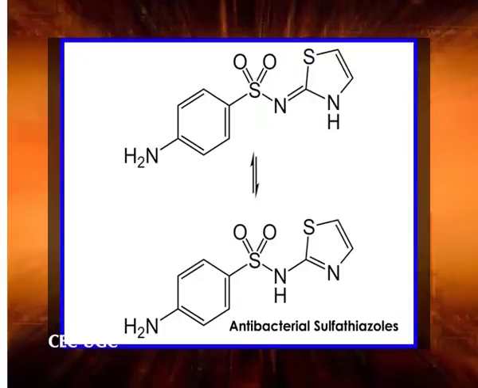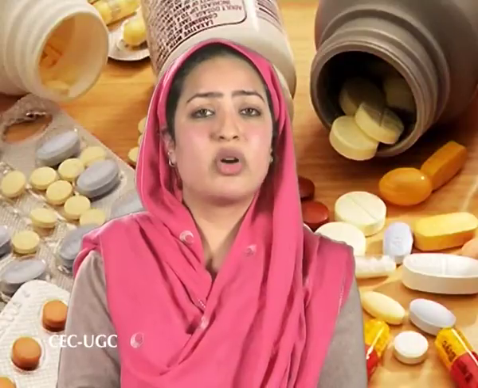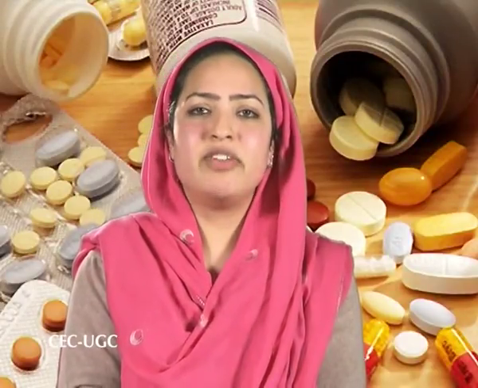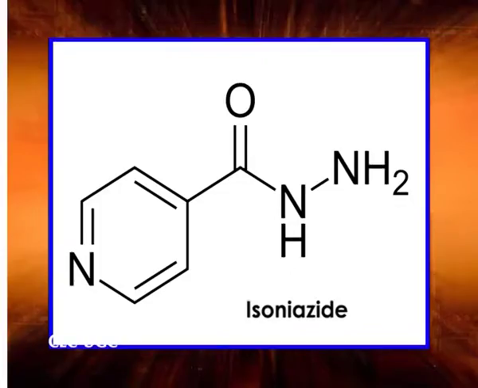They were initially used in the synthesis of antibacterial sulfathiazoles. Subsequent testing of isonicotinic acid hydrazide, destined for the synthesis of a particular thiosemicarbazone, revealed the powerful tuberculostatic activity of the precursor that has become since then a major anti-tubercular drug, isoniazid.